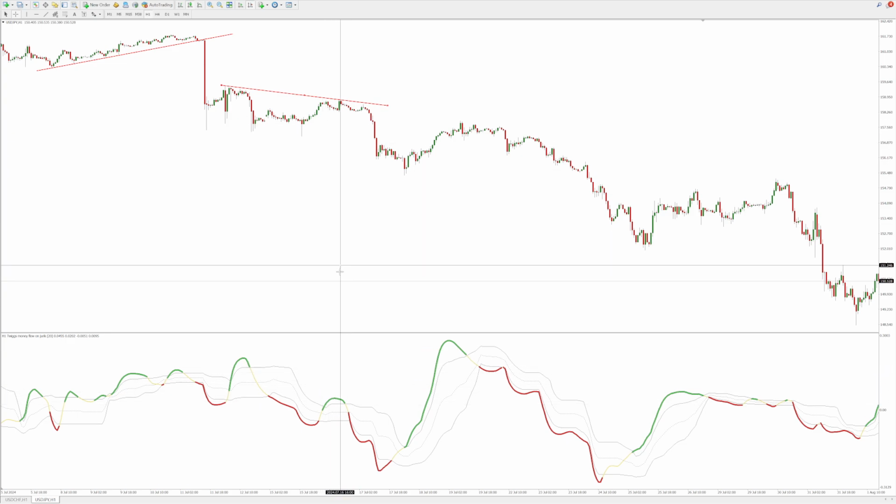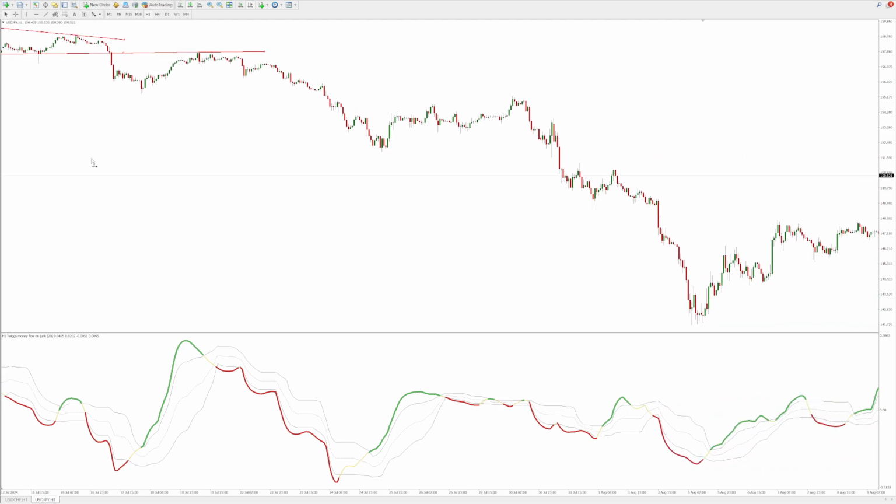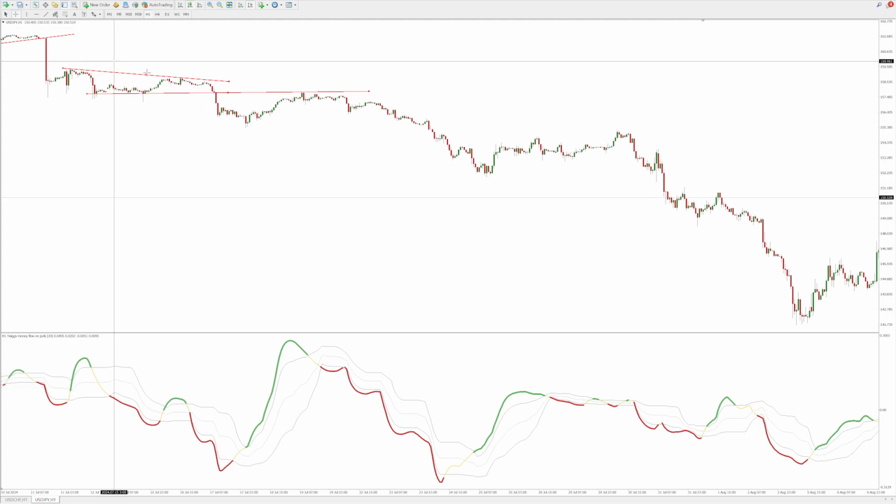Once it's done that, it means that there's a pullback. So when we know that there's a pullback, that's when we're going to look for placing our entry. Then we can simply draw our support, draw in the pullback, and then enter on a breakout of support. As you can see there, this would have been a good breakout trade to get us into this trend.